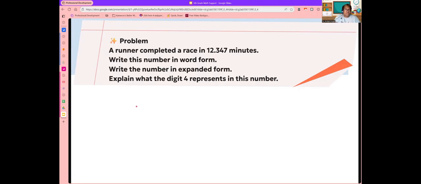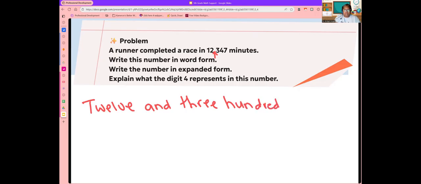So we have 12, and the decimal we would read as "and", so "and 347 thousandths", so 300 and 47 thousandths. So now we have written this in word form.